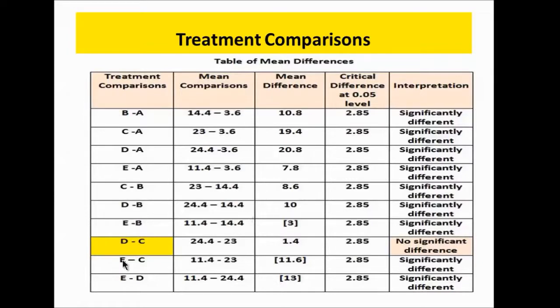By the way, there's only one non-significant difference noted. The difference is 1.4 and less than 2.85. By the way, these mean differences are all positive values. I mean, these mean differences are taken only as positive absolute values.